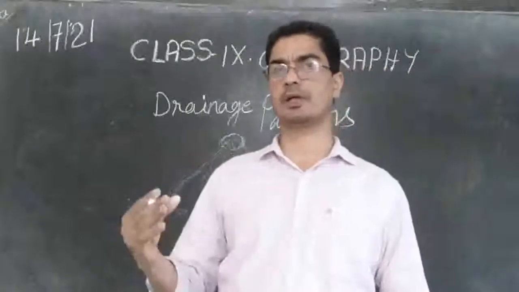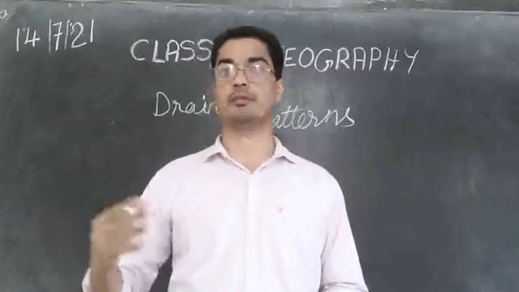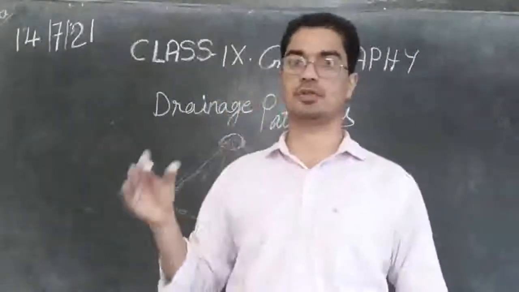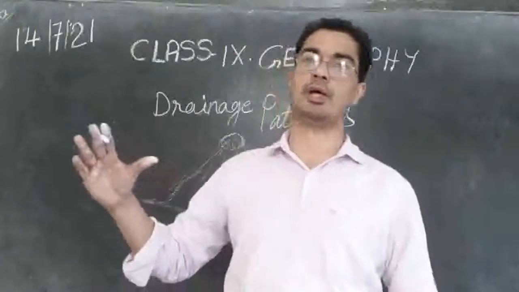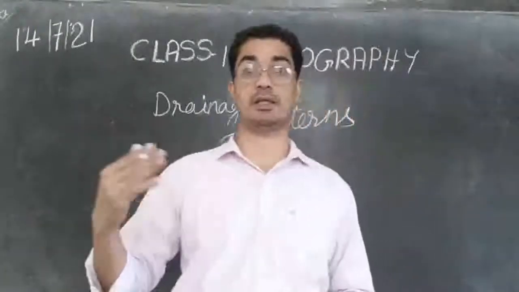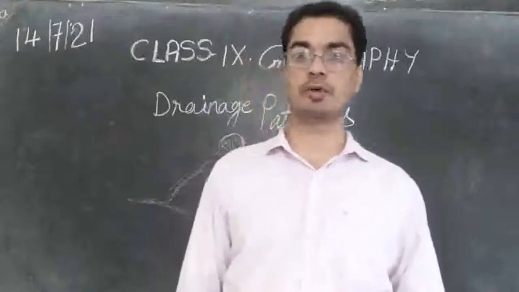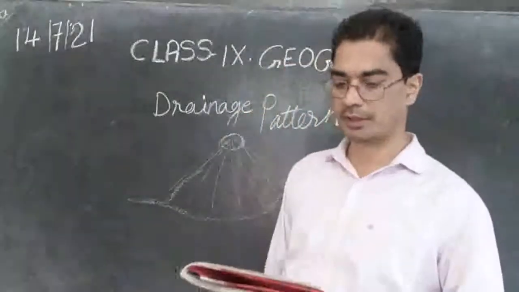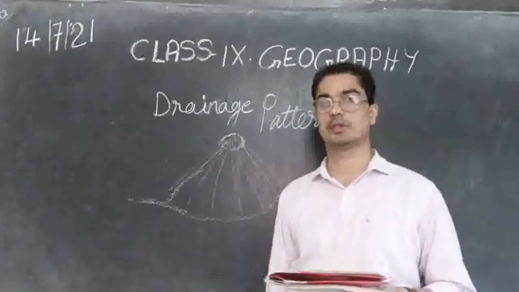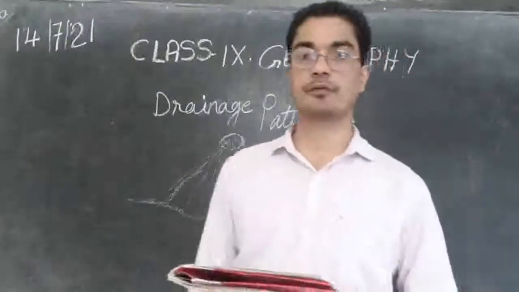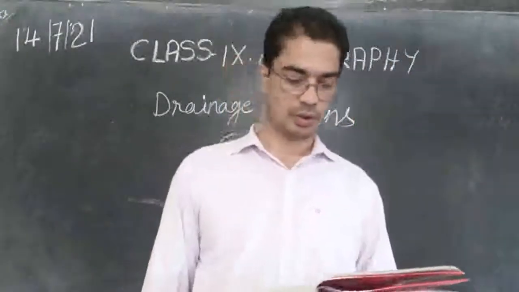So one river can have different patterns in different areas. Don't think that one river will have only one type of pattern. That is all about the four types of drainage patterns.